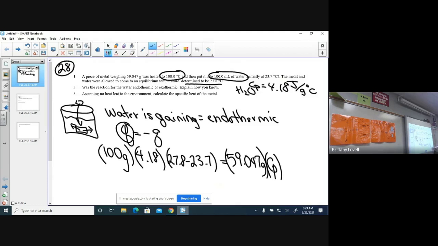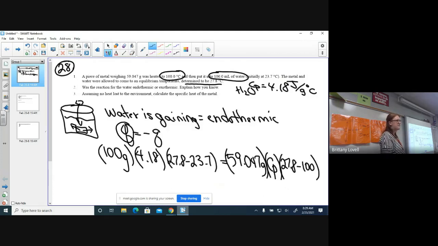So how would we set these numbers in here? I think I would do the opposite. Yeah, because I would do final minus initial. So 27.8, that's my final temperature of the system, minus the initial temperature of the metal, which was 100. Now that is going to give us a negative number on that side, right?